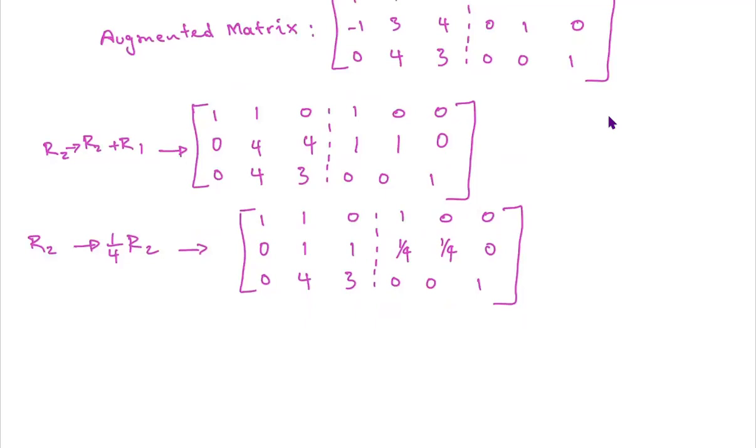Okay. And then now I want to get a 0 below the 1 in the second column, right?